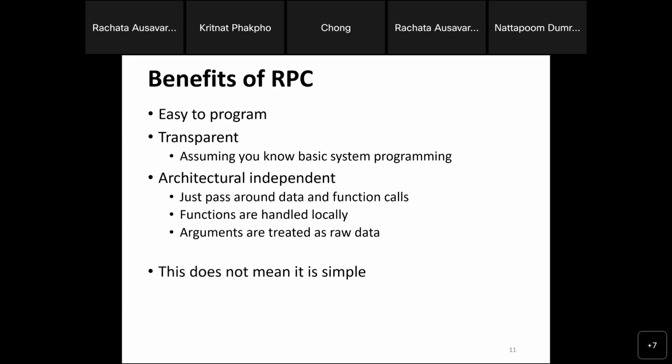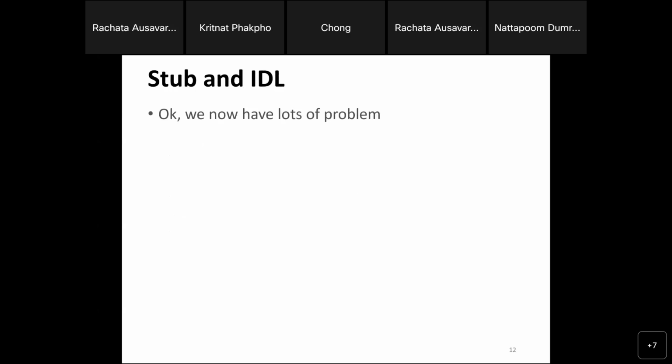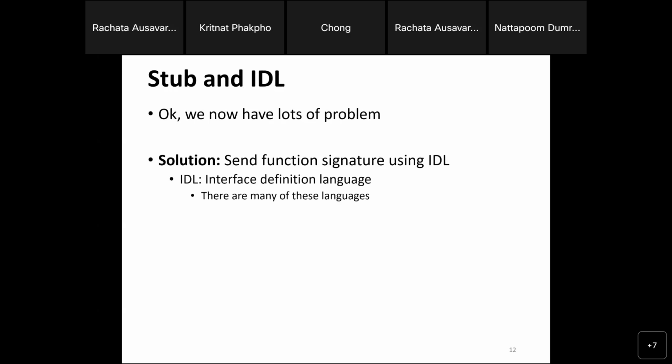And there's one more thing. Doesn't mean it's simple, right? With the stub and the library, one of the problems is we have to go through the stub, and how do you actually send the function call? The solution is the IDL, or interface definition language, and there are many of these.